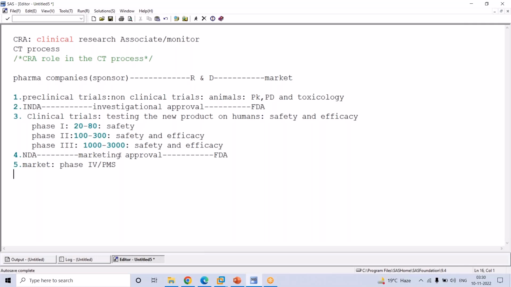This will be done to study rare, unusual, and long-term adverse effects, which are not seen, not detected, not observed in any of the phase 1, 2, 3 clinical trials. So this is your complete clinical trial process. Throughout the process, the CRA will play the role.